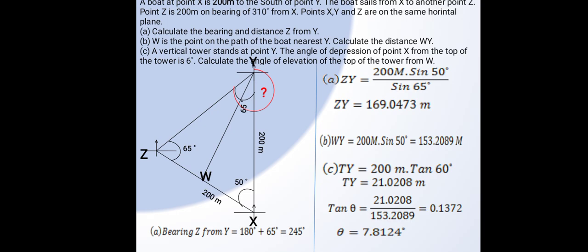Now we have been told a vertical tower stands at point Y. The angle of depression of the point X from the top of the tower is 6 degrees. Calculate the angle of elevation of the top of the tower from W. Now we know the distance from W, so we shall use tan theta, the opposite side over the adjacent side.